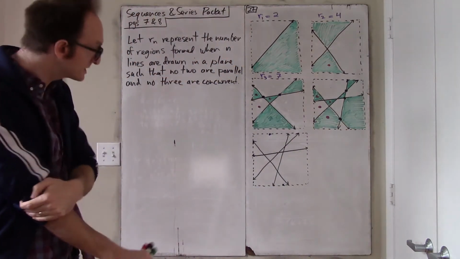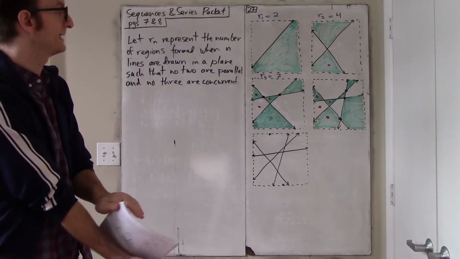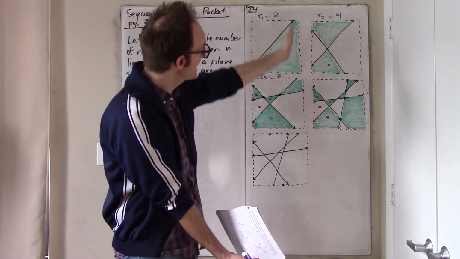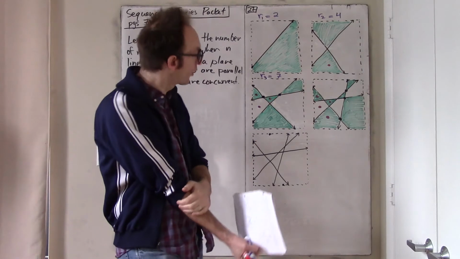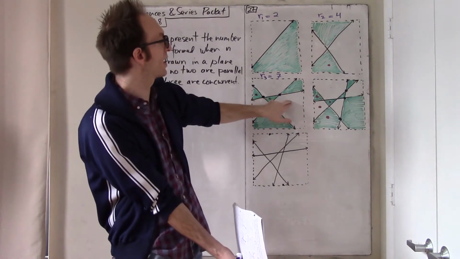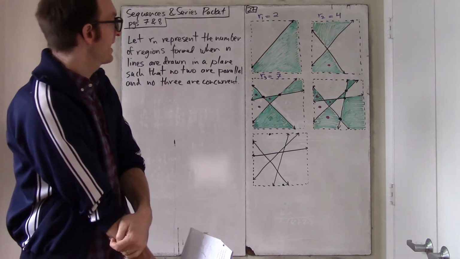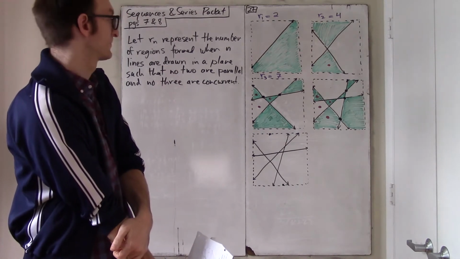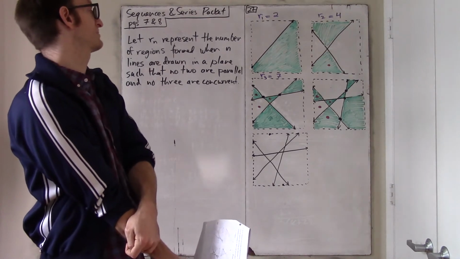So what I need to convince you of, or possibly just move on, is that when this line cuts through 3 previous lines, precisely 4 regions of this figure are going to be affected and cut in half. And I guess the reason why that is, maybe I'm just going to leave it and take that as an observation.